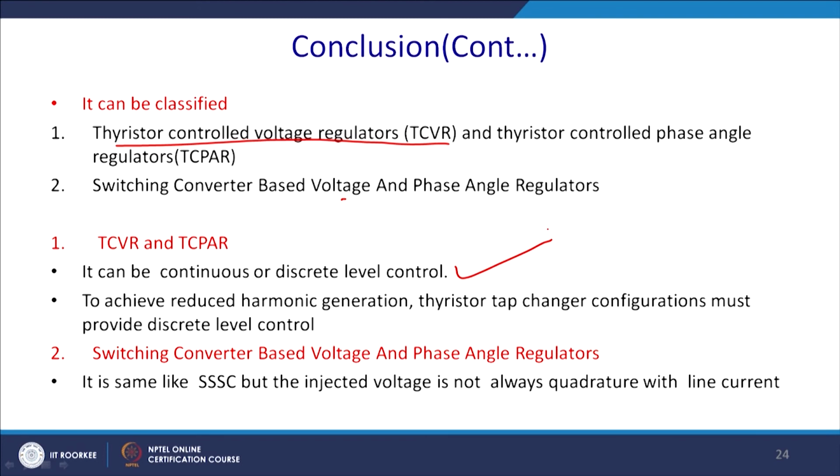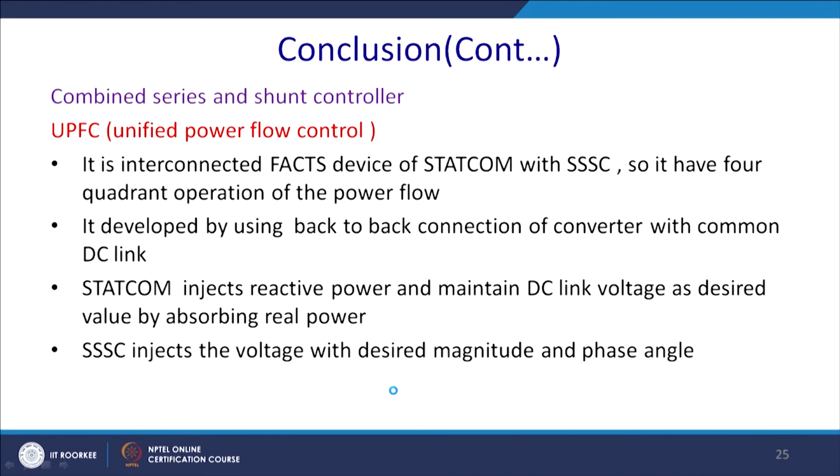To achieve reduced harmonic generation, the thyristor step changer configuration must provide discrete levels of control. The switching converter based voltage and phase angle regulator is the same as SSSC, but it injects the voltage not always in quadrature with the line, and it is a combined series and shunt compensation.